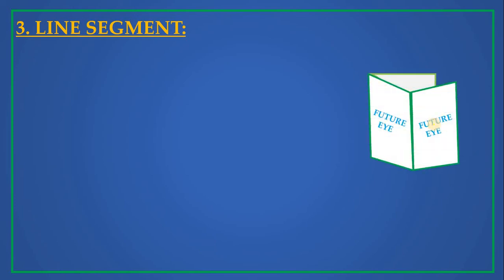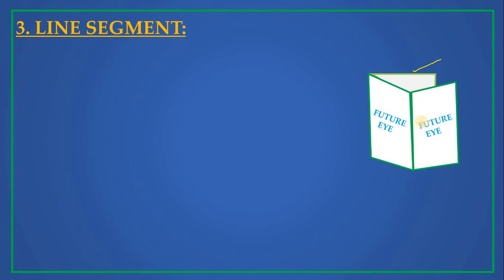Next, let us see another basic term, that is line segment. To understand this, take a postcard and fold it just like this. You can fold it in any manner. After folding, you just open it and you can see markings like this.